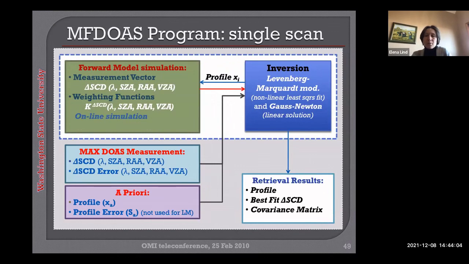The actual implementation can vary, but the bottom line is that you need some kind of forward model simulation. So this is radiative transfer. You have your inputs from your measurements, and you have your a priori information. You feed all this into your non-linear least squares fit, or linear, depending on the problem.